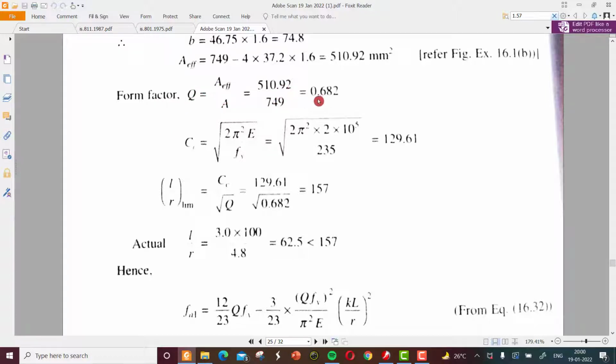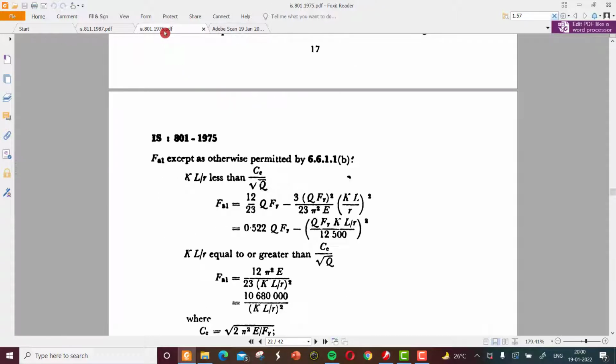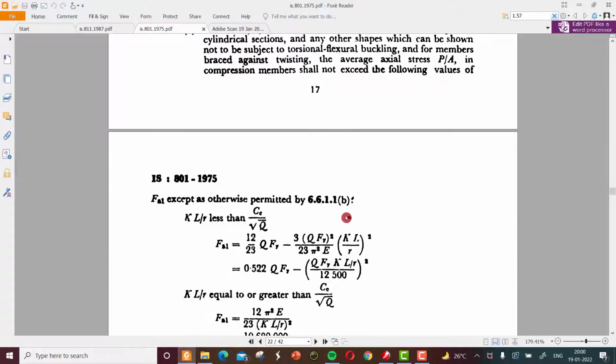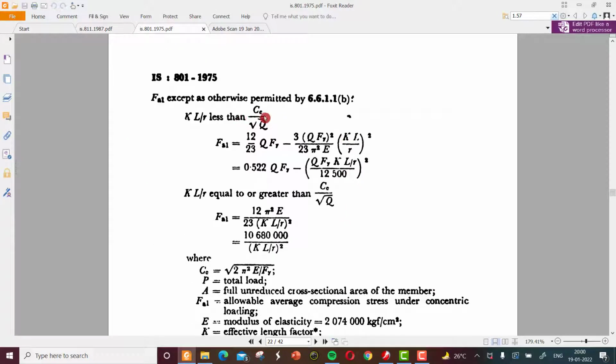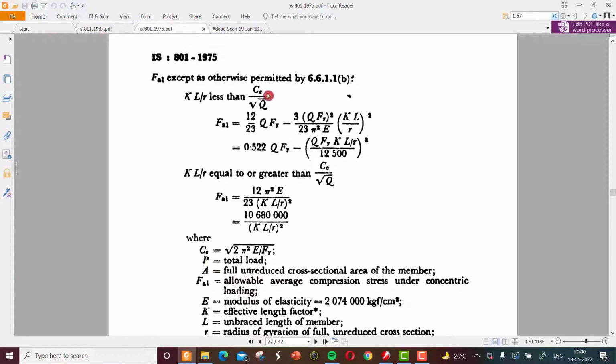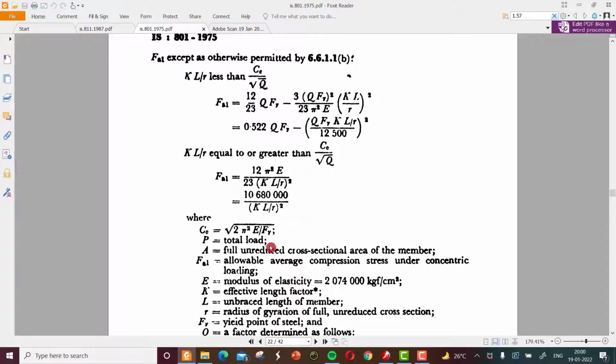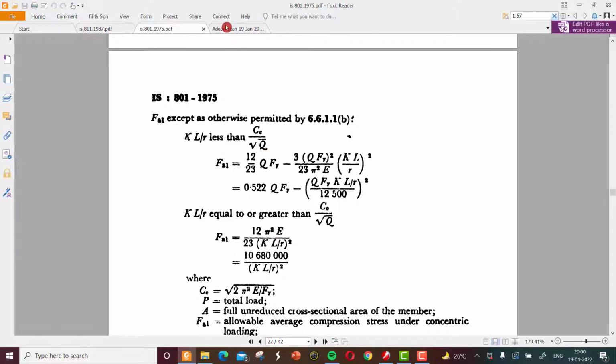Yeah. So in the PDF, textbook PDF, we have the form factor given by Q is equal to A effective by A. It is 0.682, and then as we seen in the IS code, the same one for the doubly symmetric box sections, we are supposed to find the Cc, Q, all those things where the Cc is equal to root of 2 pi square E by Fy, and the Q is actually the form factor which we have just found out.